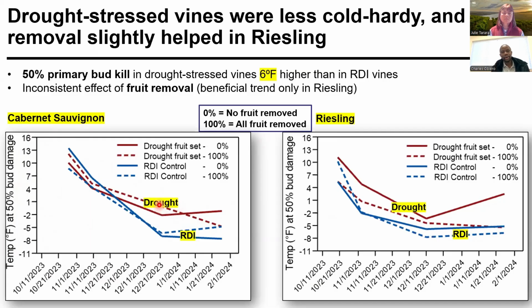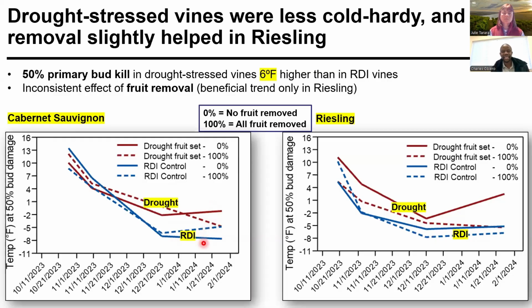Drought from fruit set without fruit removal is in red, and drought from RDI, the standard industry practice, without fruit removal, is a full line. The dash-dotted lines are where I removed the fruit. If it is red, it's drought. If it is blue, it's the industry standard.